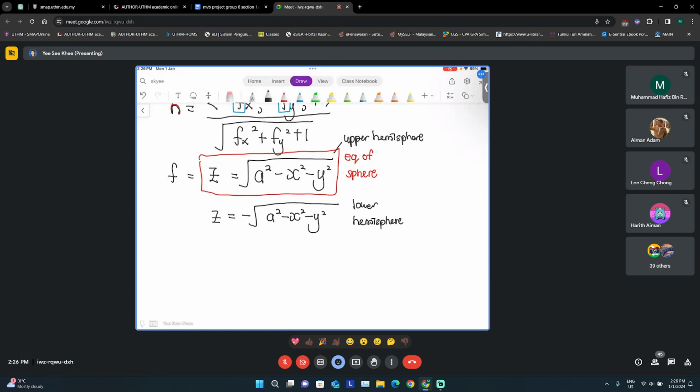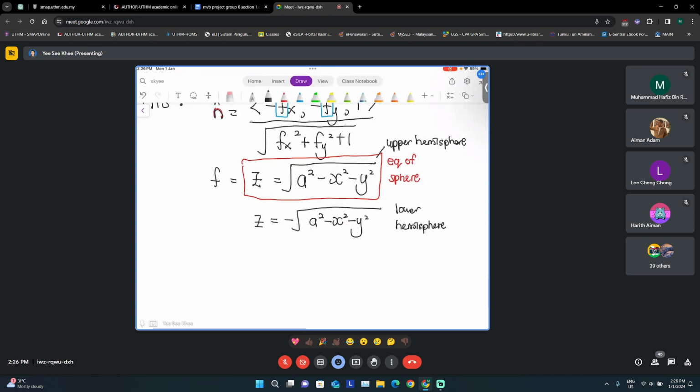We only do one because both surfaces are the same. The flux that we compute from the upper hemisphere will be the same as the flux from the lower hemisphere. So at the end, we just times 2. So we just do one.